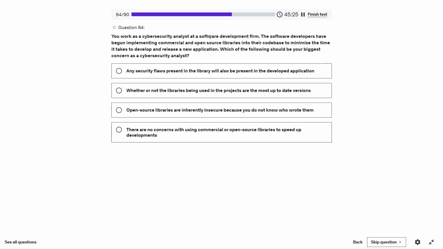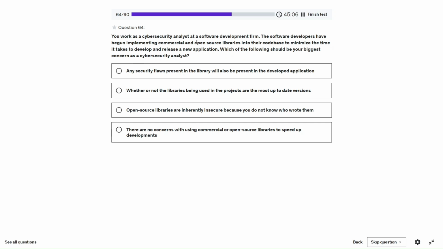You work as a cybersecurity analyst at a software development firm. The software developers have begun implementing commercial and open source libraries. They are now implementing open source libraries into their code base to minimize the time it takes to develop and release the new application. Which of the following should be your biggest concern?